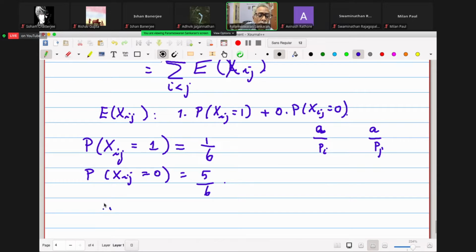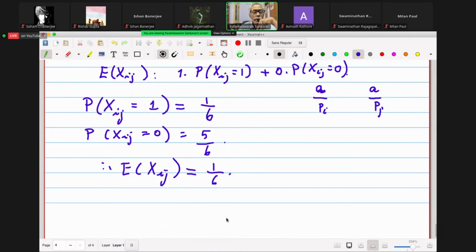Therefore the expectation of Xij is 1 by 6. It is good to write, at least in the initial stages, the entire step, starting from the definition and so on. Otherwise, it may be confusing if you go too fast.